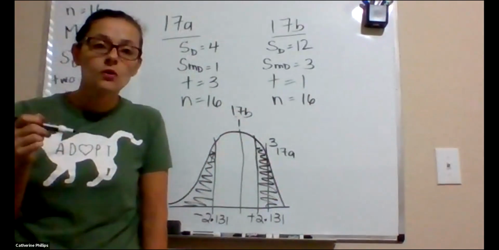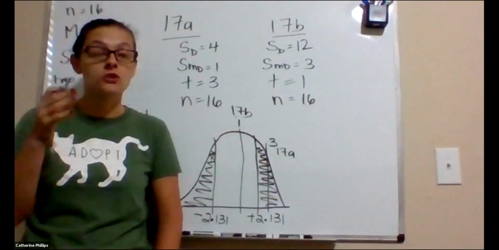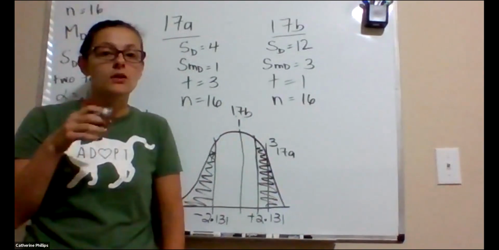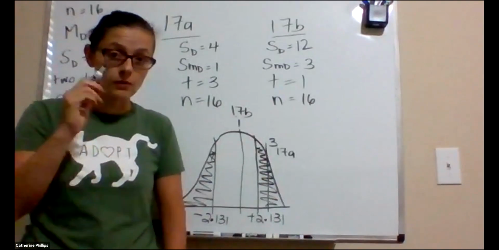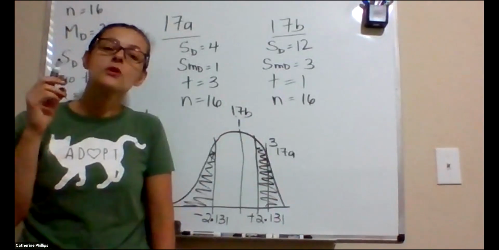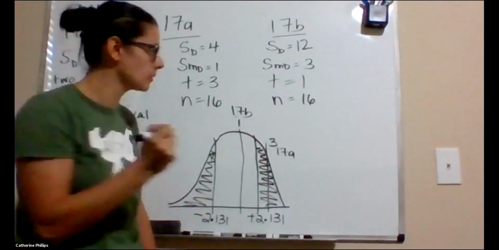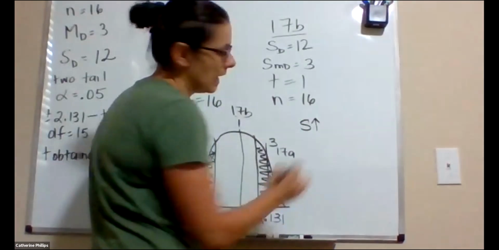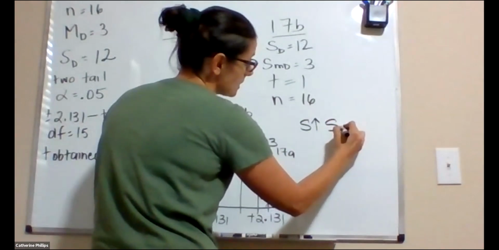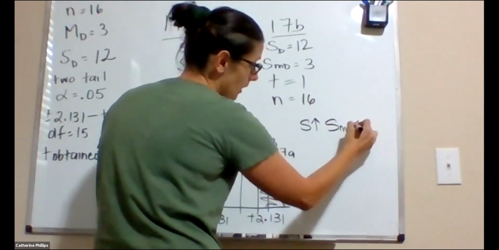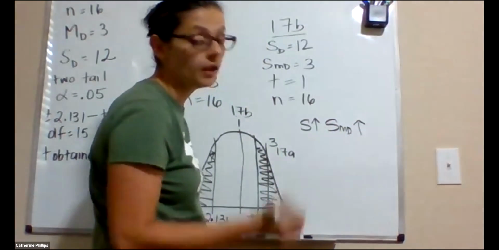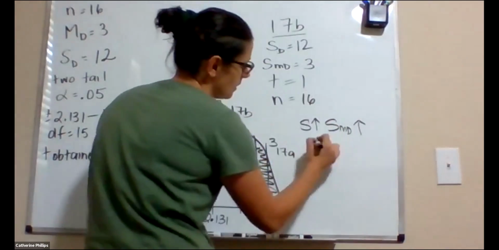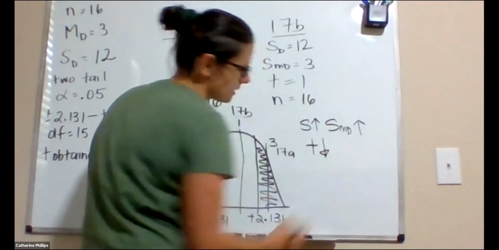If your standard deviation of your difference scores increases, then your estimated standard error increases. If your estimated standard error increases, your t is going to decrease.